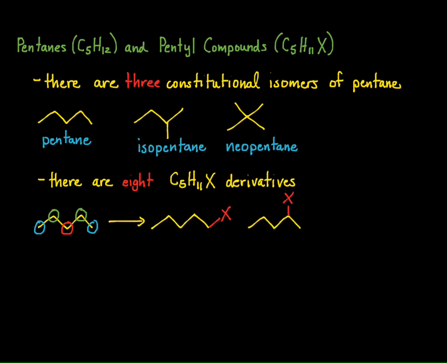Then I can substitute a hydrogen on one of the green methylene groups, and I get this. Again, notice I could put it on this particular carbon or I could put it on the other green carbon. I get the same thing. And then lastly, I can place it on the red carbon and I get this derivative. And so all three of these are different derivatives of pentane. Well, pentyl derivatives, right?